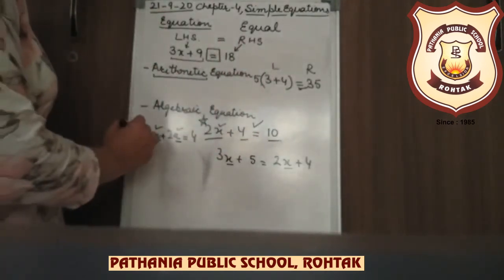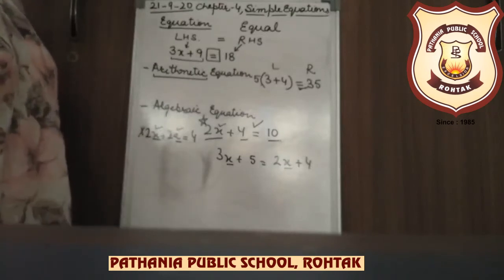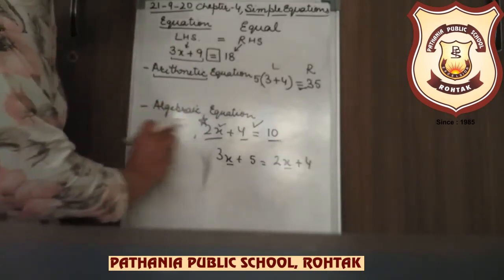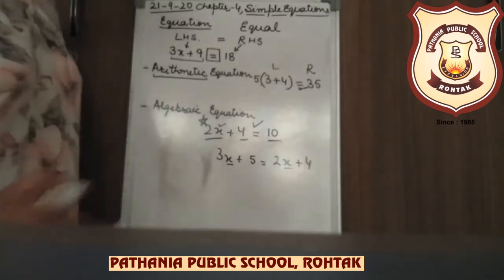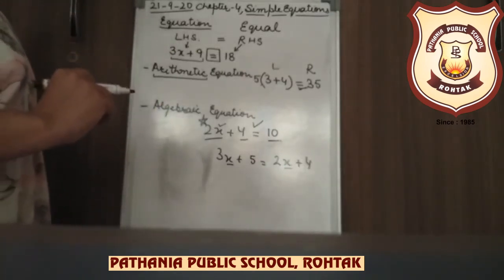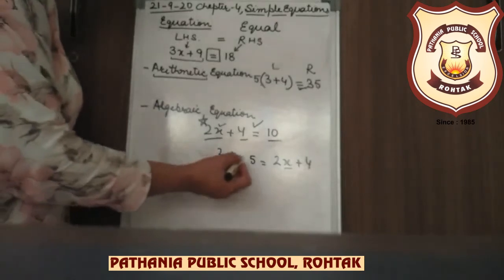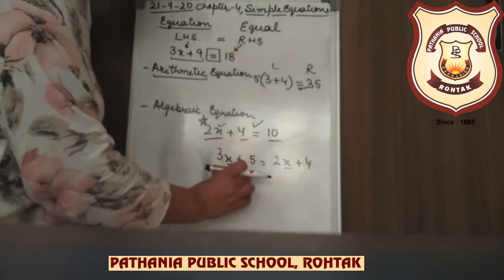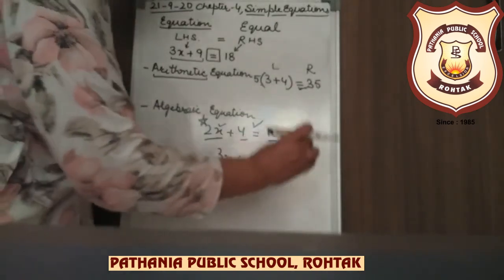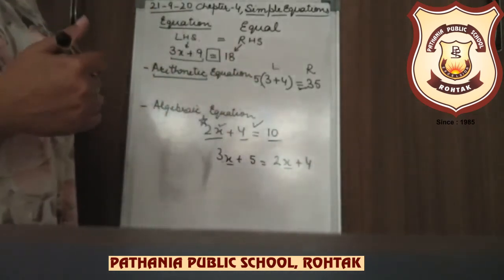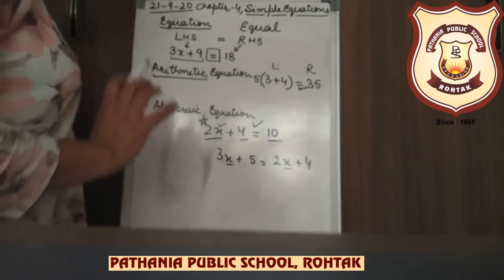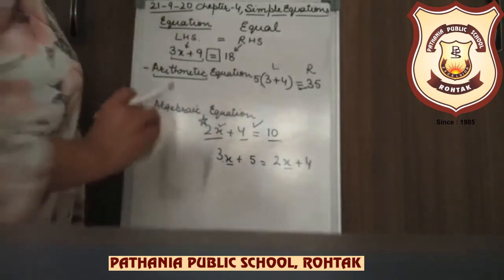You are not going to do the other one. It is not in your syllabus, but for your knowledge I am telling you that there can be more than one variable also. And this variable can occur only on the left hand side, or only on the right hand side, or on both the sides. Is this clear regarding the equation?